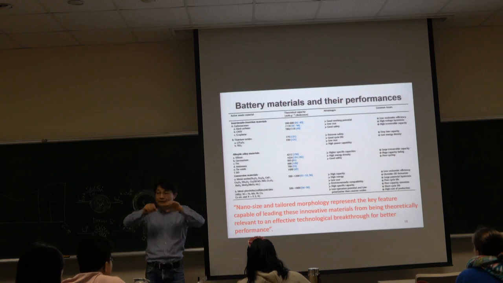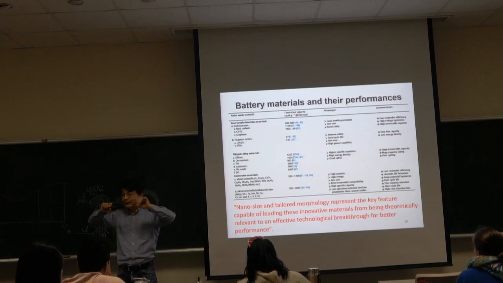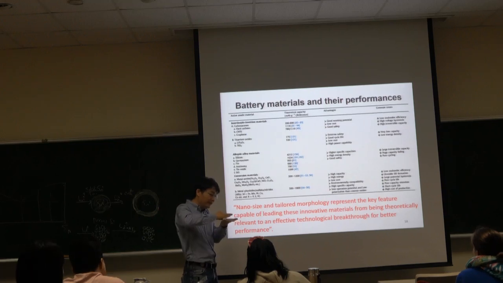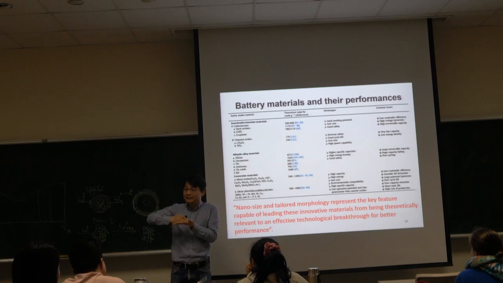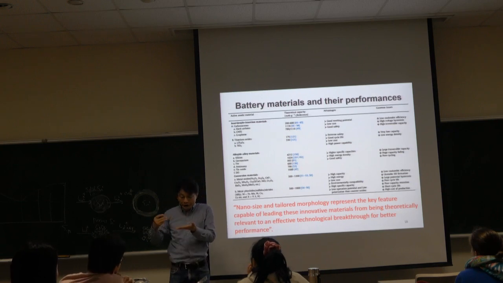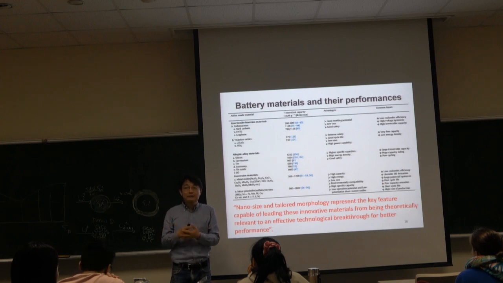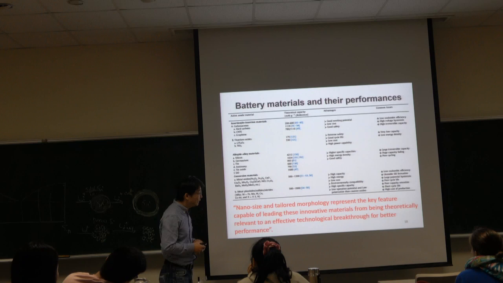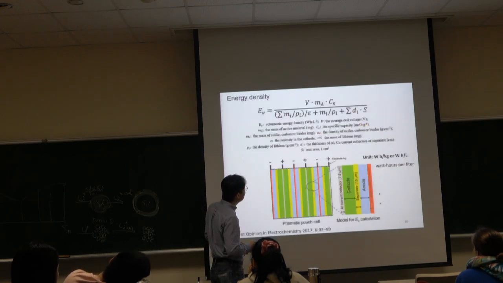You know, CNT is a nanowire, but the carbon is like a flake, layer by layer, which is very dense. So during charge and discharge, it still has limited space.